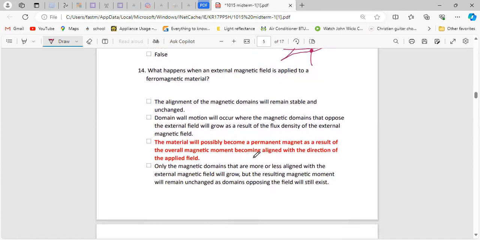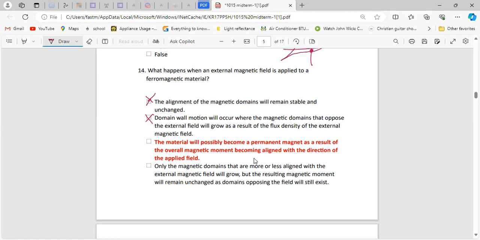All right, which of the following: when an external magnetic field is applied to a ferromagnetic material, the alignment of the domains will remain? No, I can't be applying an external magnetic field and my domains don't want to move. We know the domains are going to align with the external magnetic field. Domain wall motion will occur when the magnetic domains that oppose the external field will grow? If you are opposing, how are you going to grow? You have to be in the same direction to grow.